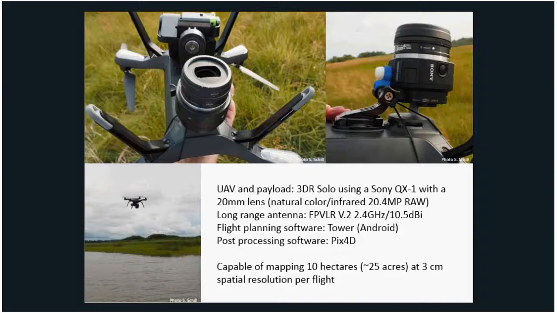That's what I like about the 3DR Solo: we can change the payload pretty easily, and it's very adaptable. It's a platform you can use depending on what your application is, and you can modify it by changing the sensors. And we used this recently, back in March.